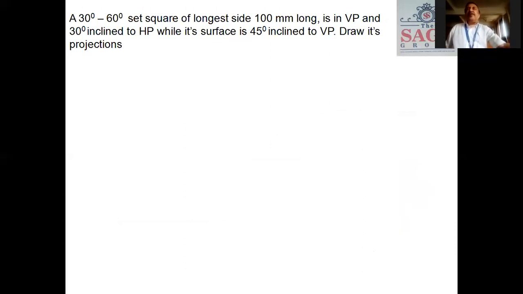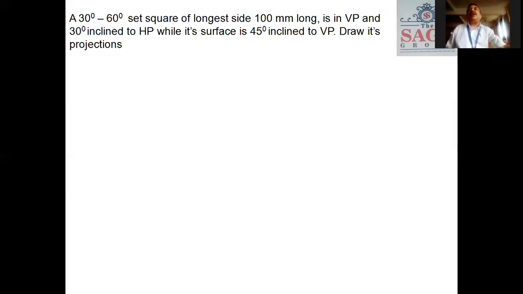Now we take another problem. A 30-60 degree set square. I think all of you know very well about the 30-60 degree set square. Its longest edge is 100 mm. When we draw its longest edge and draw a 30-degree angle on one corner and a 60-degree angle on another corner on this line, we get a 30-60 degree set square.